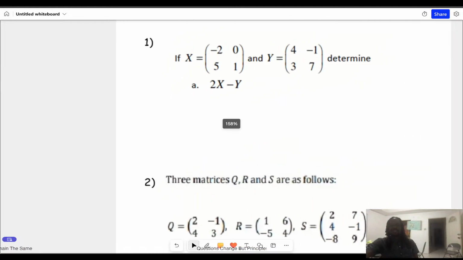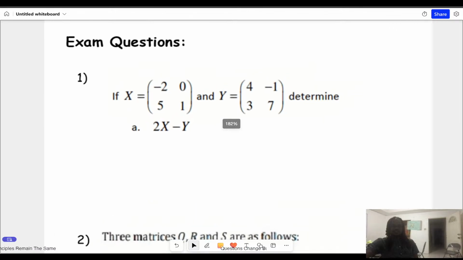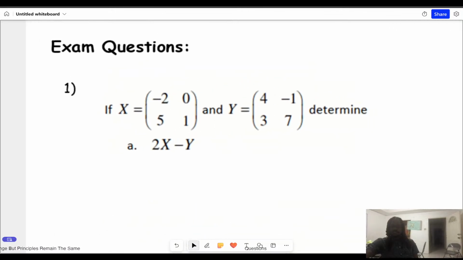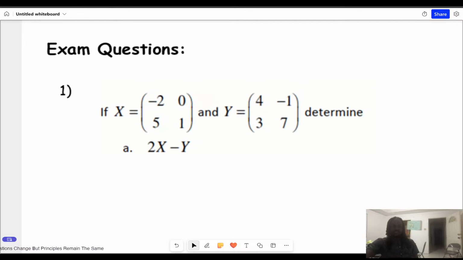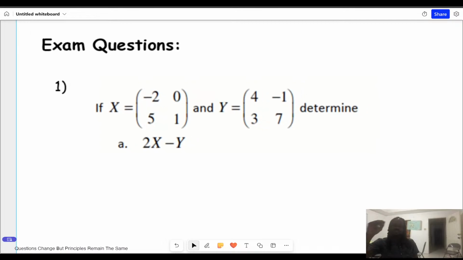Based on that, let's do a couple of past paper exam questions. Let's give you the chance to try this first. Very simple. 2x minus y.